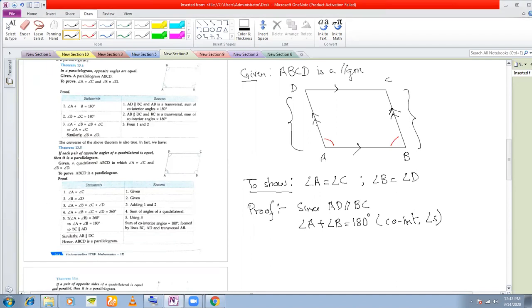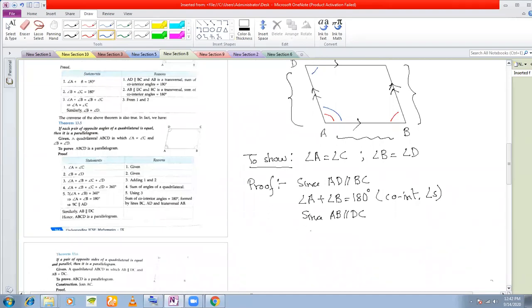Okay. Similarly, since these two are parallel, AB and DC, meaning AB parallel to DC, what do you have? You can say that this angle and this angle are co-interior angles, right?